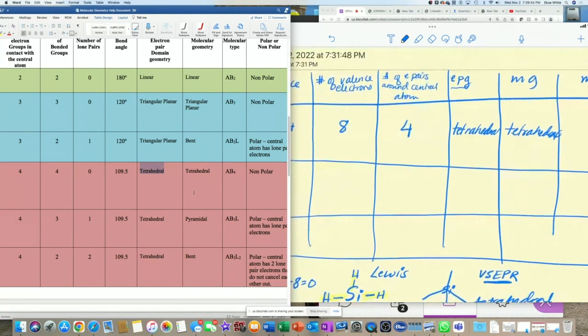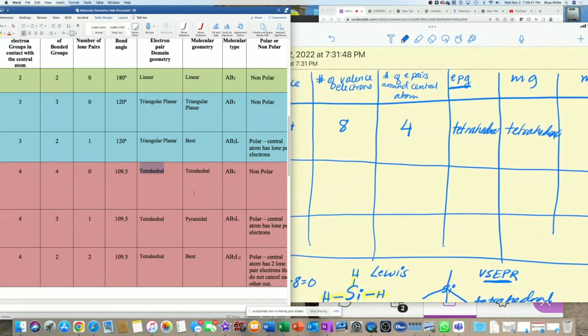because the electron pair geometry in this case matches the molecular geometry. Why? We have no lone pair. The only time the names or the descriptions are different is when we do have lone pairs. Like here we have one lone pair, two lone pairs. So you're going to be using different names for the electron pair geometry and molecular geometry.